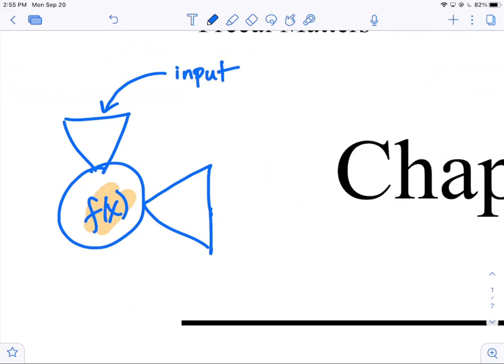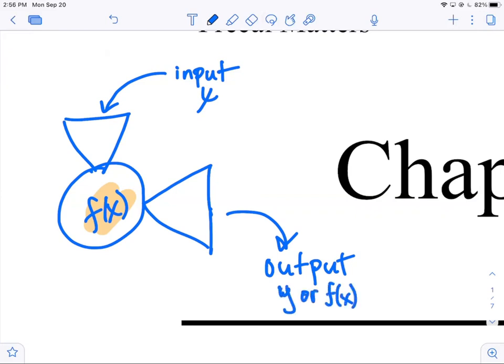Drop something in the top, and then f of x manipulates it, changes it possibly, and then spits it out, right? Output. Inputs and outputs. Now, usually the inputs we call x, but they could be y values. Not typically, it confuses people. Most of the time, if they're not x, they're t values because we use time. Your outputs we typically call y's or f of x itself, right? Those are your outputs.